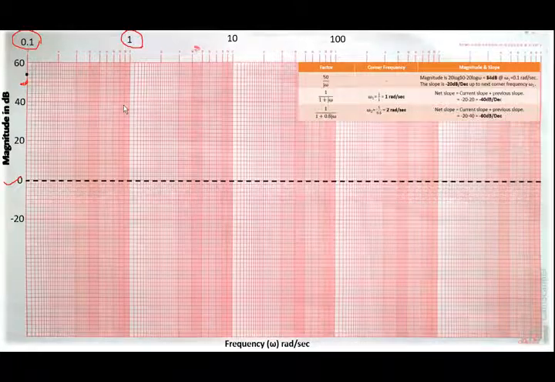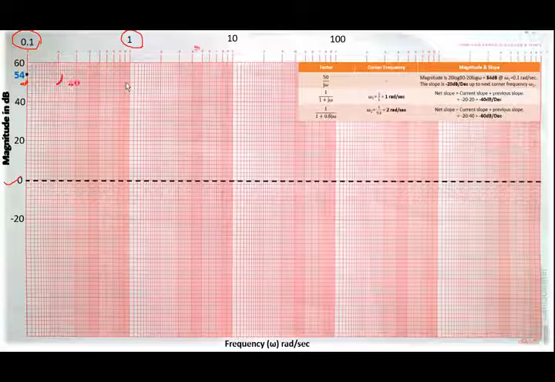The slope must be minus 20 dB per decade. So minus 20 dB per decade has an angle of what? 26 degrees. We need to consider this horizontal line, that is the real axis, as a reference line, and measure the angle of 26 degrees in a clockwise direction with respect to the real axis.